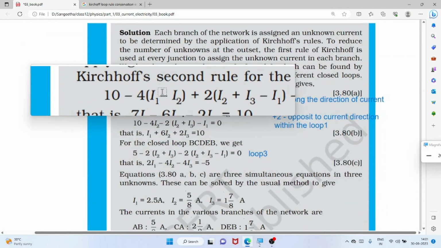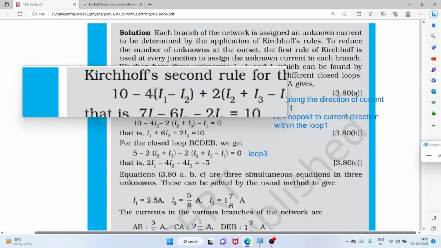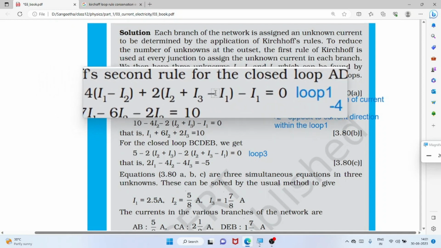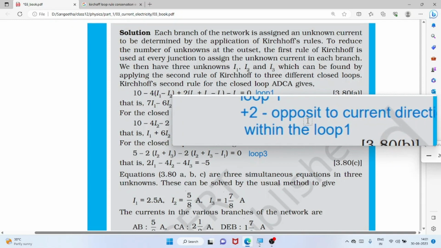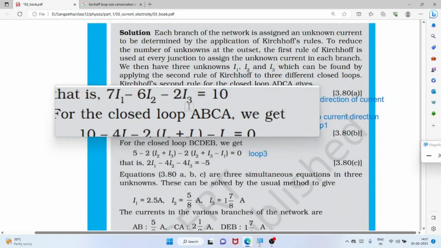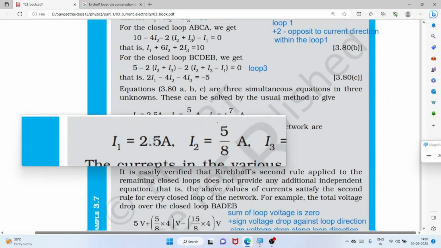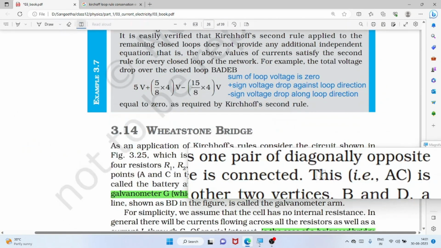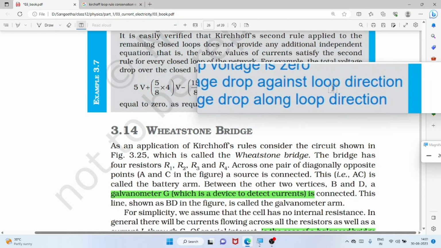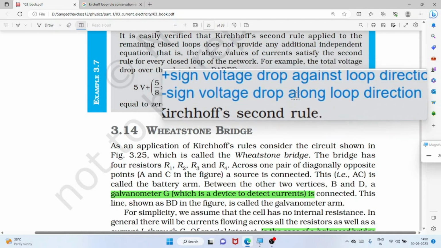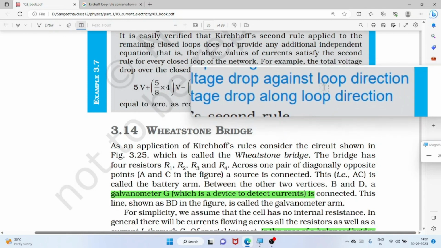See here, negative, this is along the current direction, but here, opposite to the current direction, plus 2. Minus 4 along the direction of the current, plus 2 opposite to the direction of current, so you are using plus. In the sum of loop voltages, use a plus sign for a drop against the loop direction, and a minus sign along the loop direction.